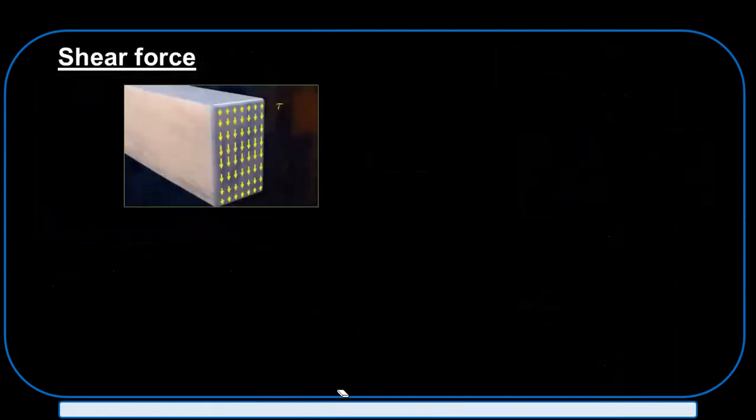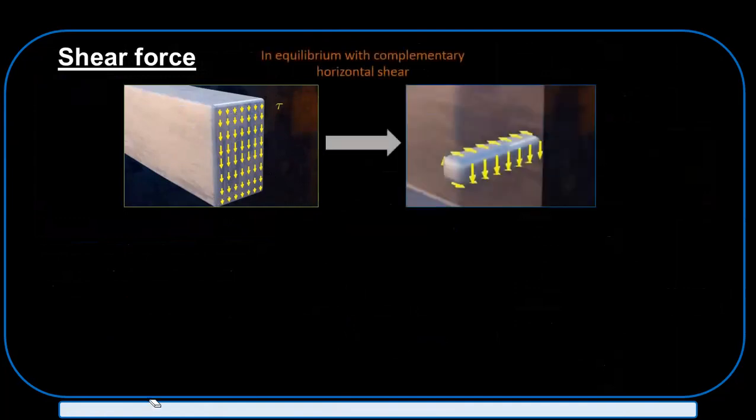Then we move into shear force, where we have parallel forces along a section. But another term comes in: complementary horizontal shear.